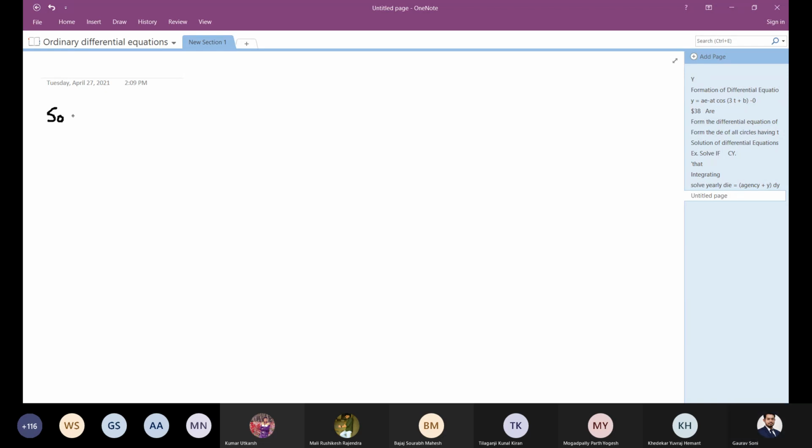Solve x raised to 4 dy by dx plus x cube y minus sec xy equal to 0.